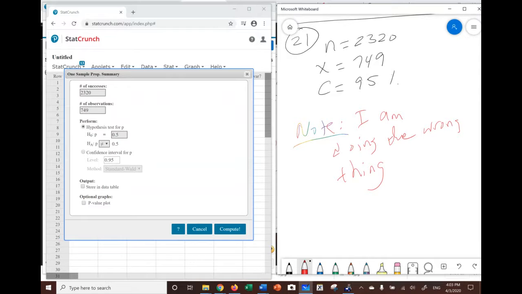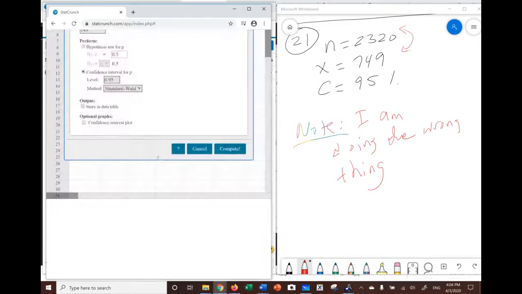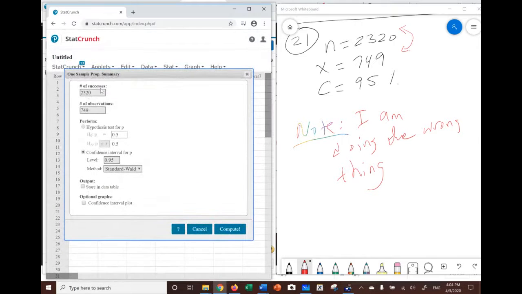What I did is I flipped those two into StatCrunch. I put the number of successes as 2320 and the number of observations as 749, and the confidence level is 95. Look what will happen if you make this mistake. It tells you it's an error, because we always need to put the number of successes, the number of yeses.